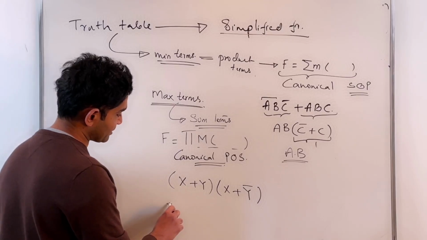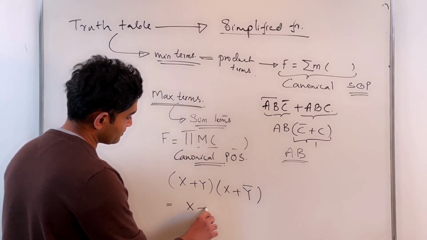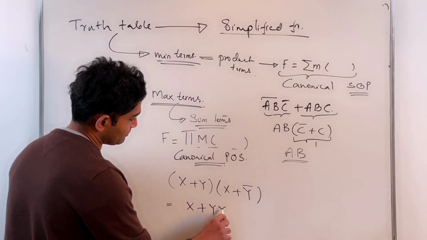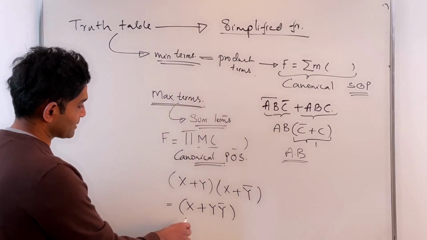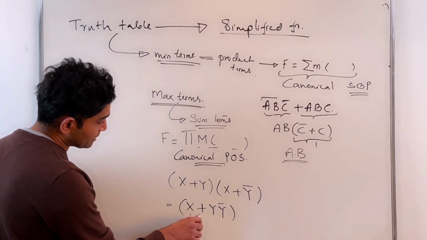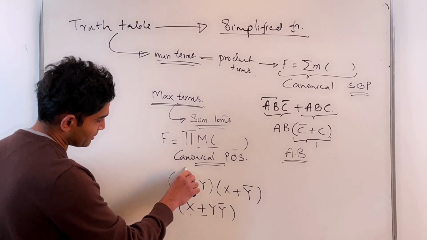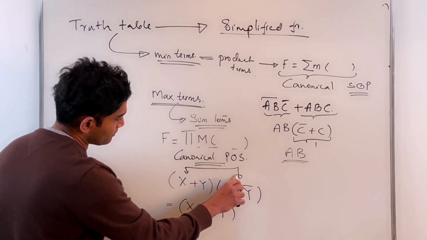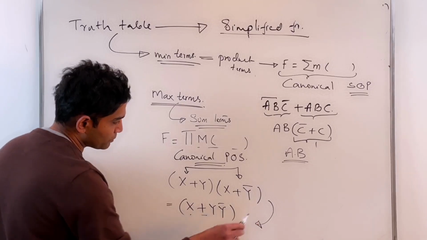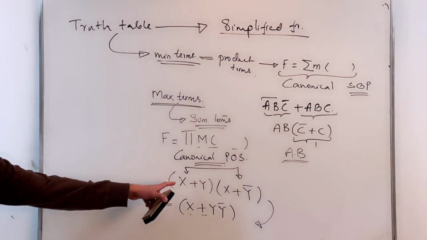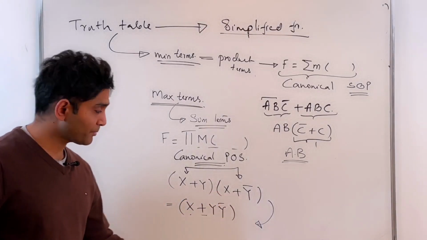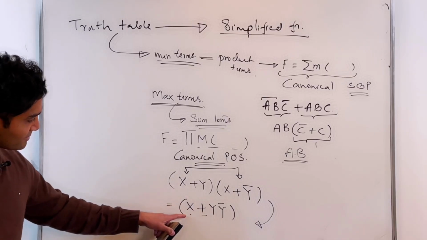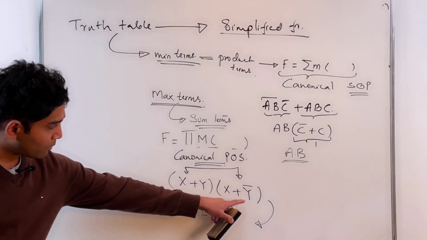The way we did the identity, we basically went the backward way. We started out with this and distributed the plus operator to obtain this expression, right? So of course, the alternate is also true. If I see an expression like this, x plus y times x plus y prime, I can express this as x plus y y prime.